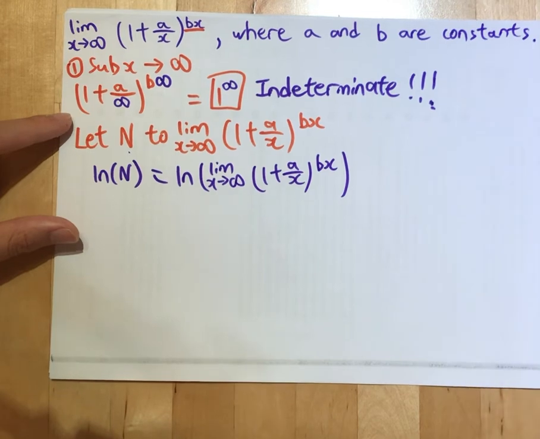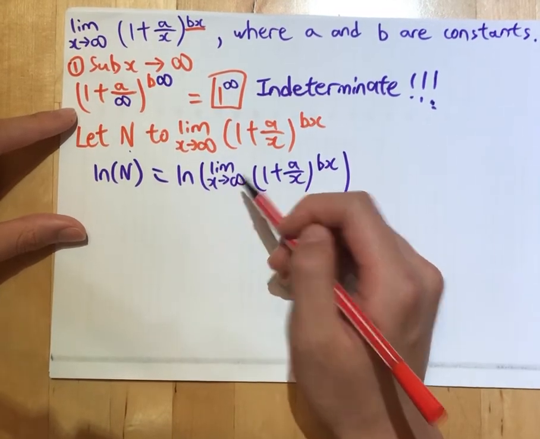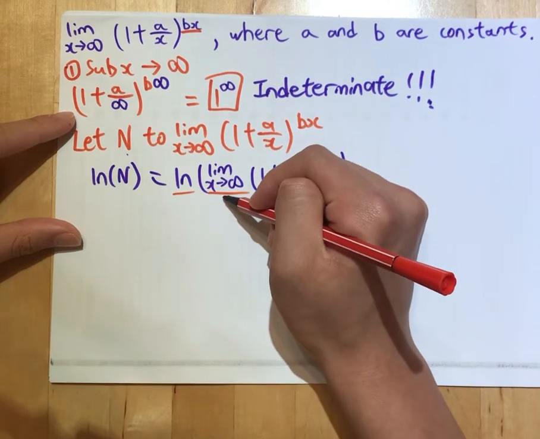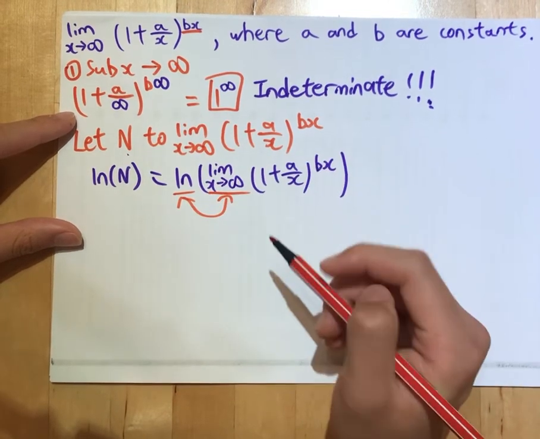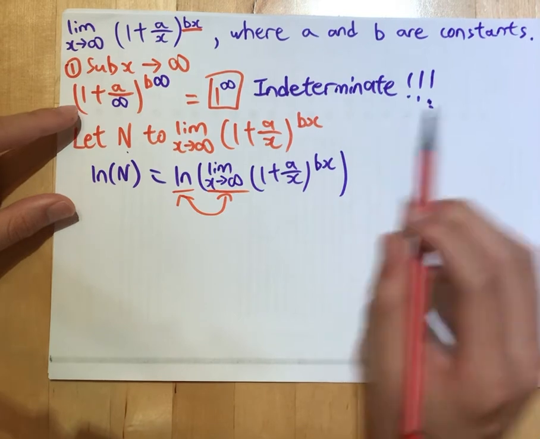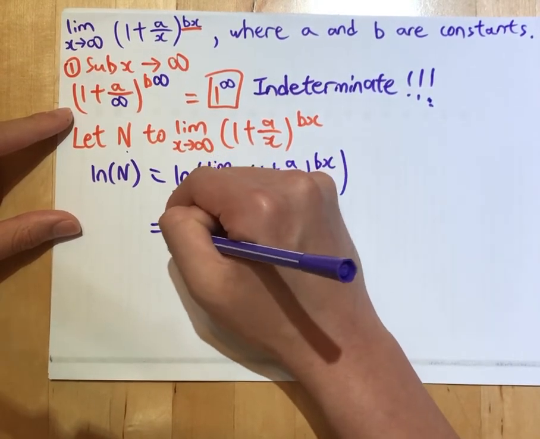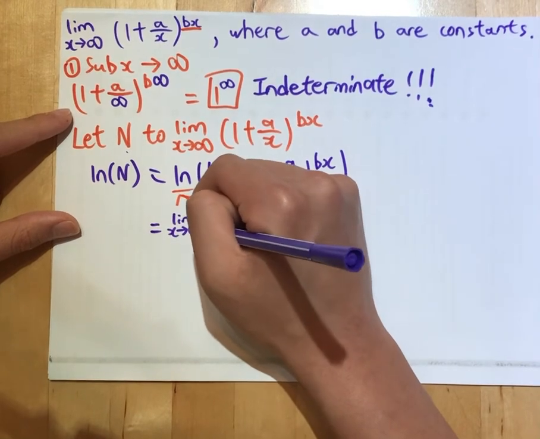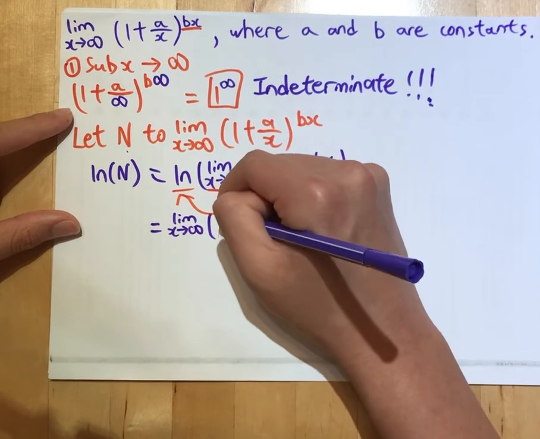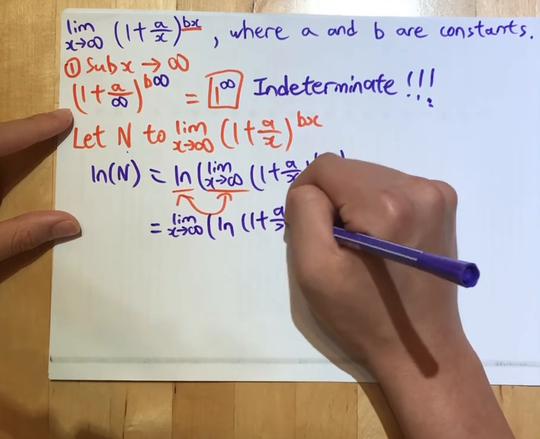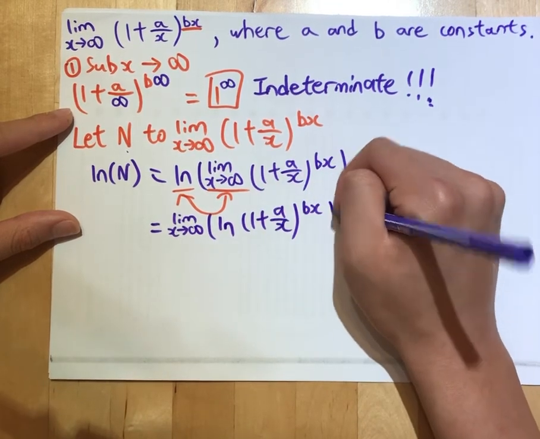Natural log is continuous, so we can swap the limit and the natural log, so that we end up getting the limit as x approaching infinity of natural log of (1 plus a over x) to the power of bx.